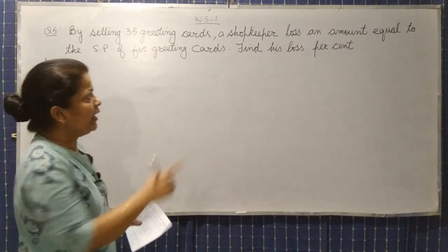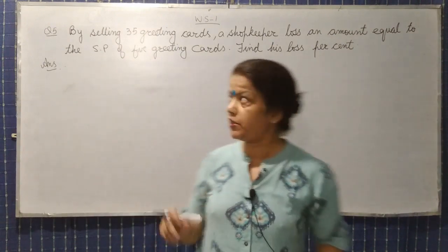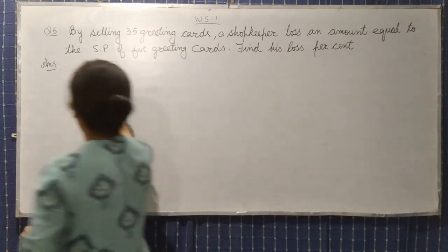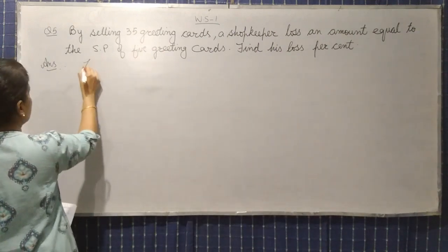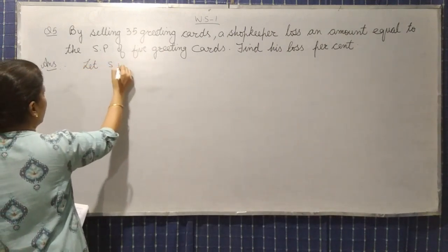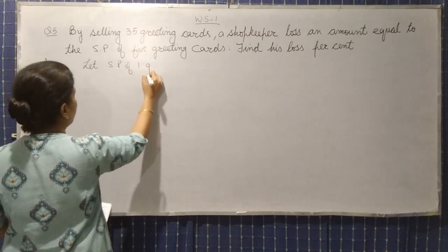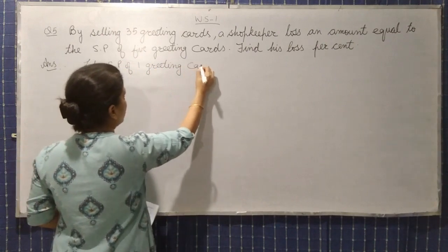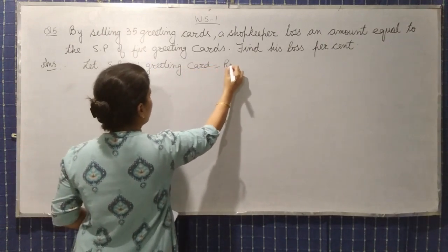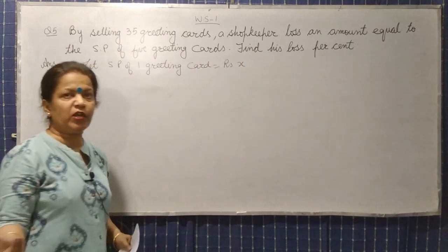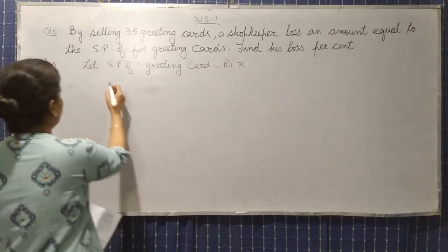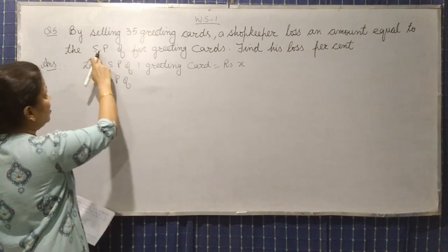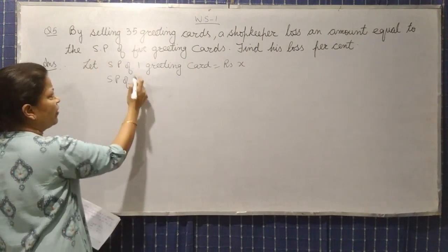In this, it is given that loss equals the selling price of 5 greeting cards. So we will take, let the selling price of 1 greeting card equal rupees X. We will assume it ourselves. Therefore, the loss is the selling price of 5 greeting cards.